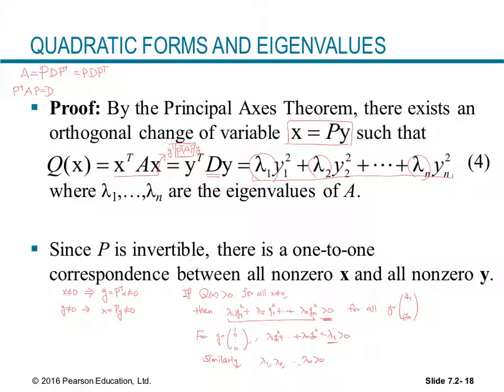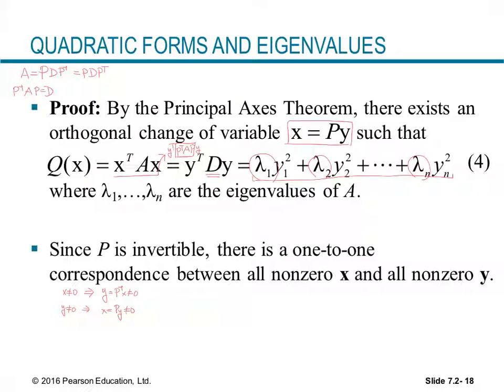Okay. Now let us consider the converse. If lambda 1 up to lambda n are positive, then when we consider lambda 1 y1 squared up to lambda n yn squared, lambda 1 is positive, y1 squared is non-negative, okay?